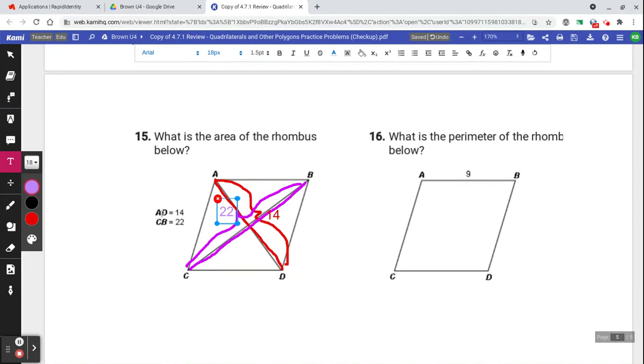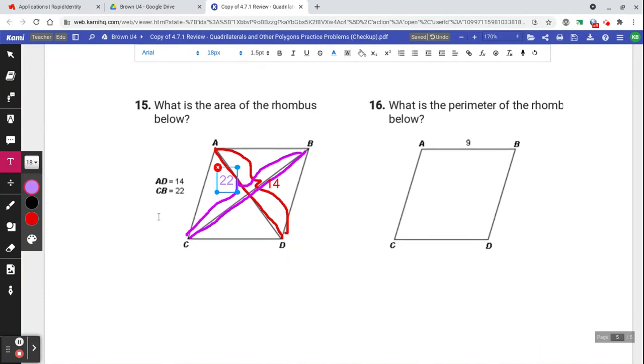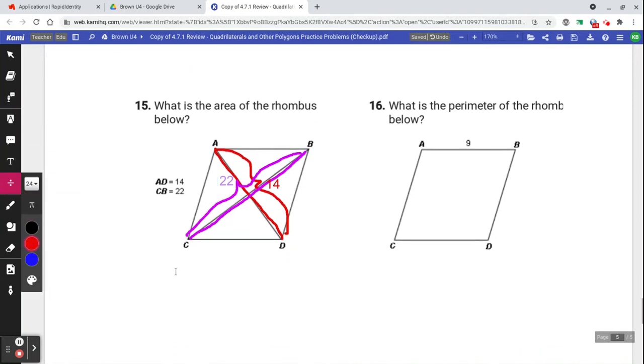And we need to take half of those after multiplying them. Or again, the order doesn't matter because all three will be multiplied. So the area is 1/2 D1, we'll call that 14. It doesn't matter which one is D1 and which one is D2.